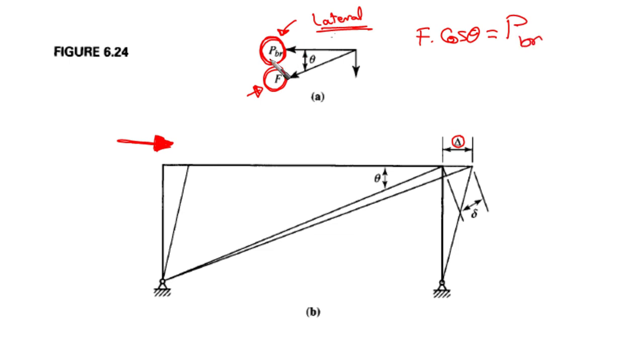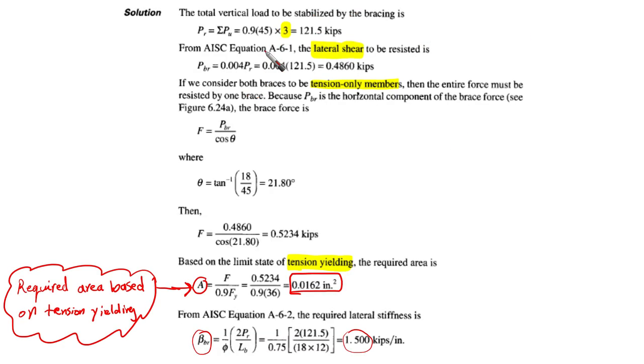So we have a relation between the axial tension that is going to be developed in the diagonal and the lateral shear strength provided by the code. Let's go back here. Because PBR is the horizontal component of the brace force, this is F. F equals PBR over cosine theta, as we said, where theta equals tan inverse of 18 over 45.